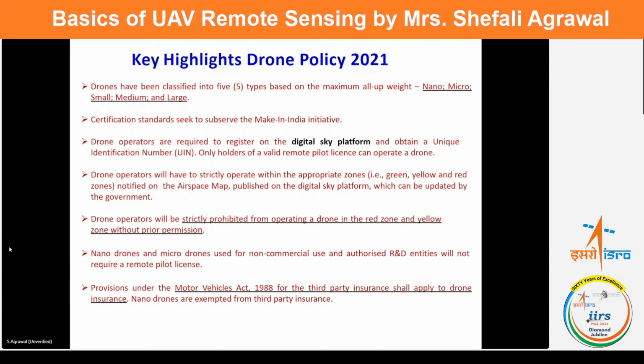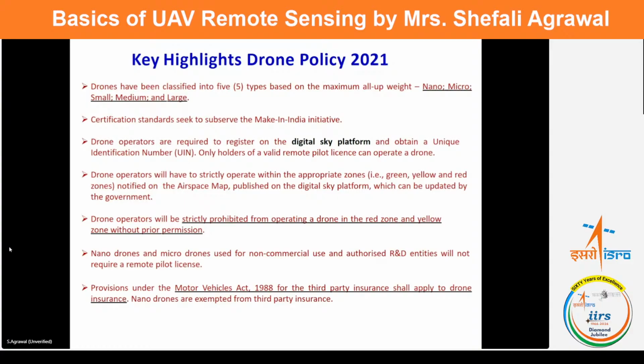The main authority for drone regulations is the Directorate General of Civil Aviation, under the Ministry of Civil Aviation. The guiding principles of the rules are self-certification, minimum permission, reduced fees, and digital governance, because they're trying to make it easier. They have created a platform called the Digital Sky Platform, whose main purpose is to make drones accessible but also ensure safety for all.